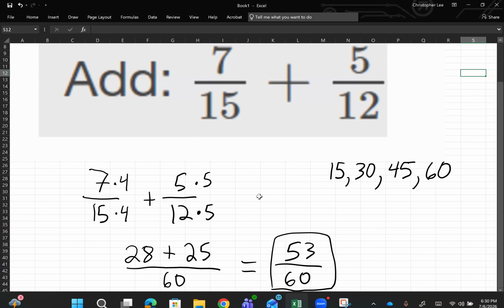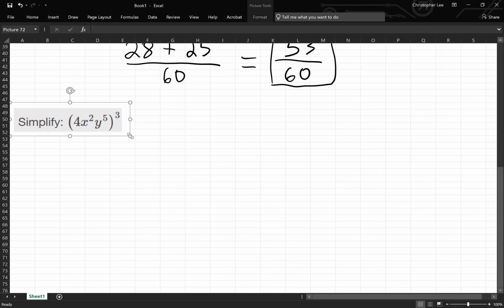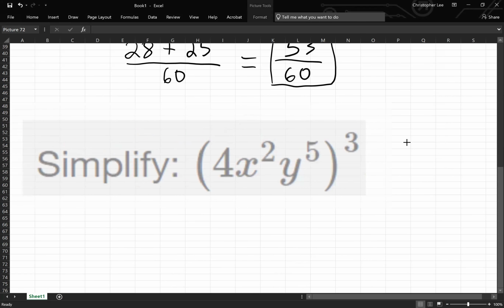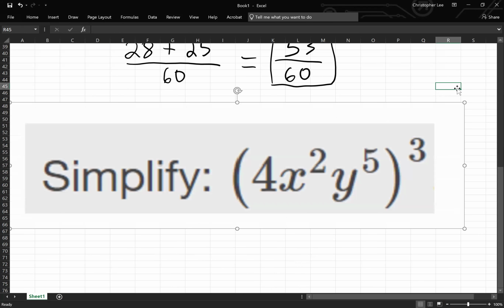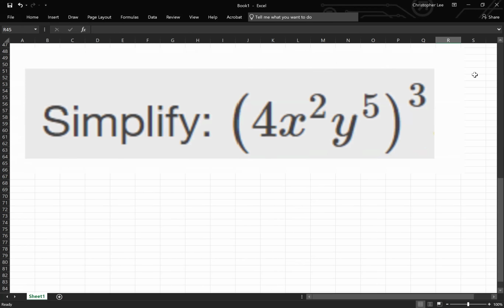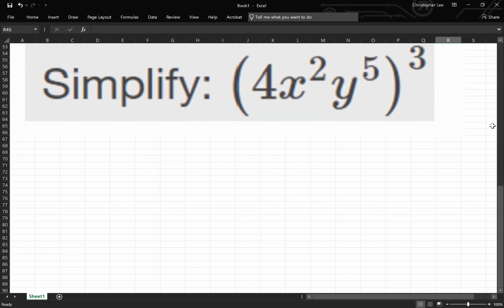This is a fun example right here. So I got 4x squared times y to the fifth power, all raised to the third power. How do I do this?